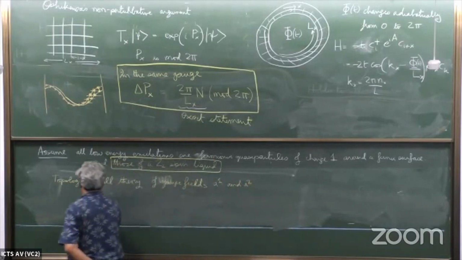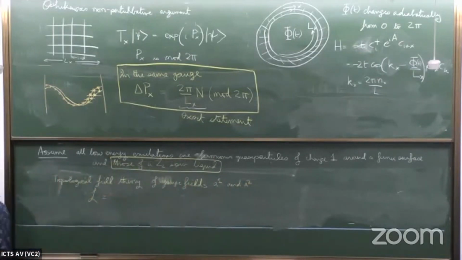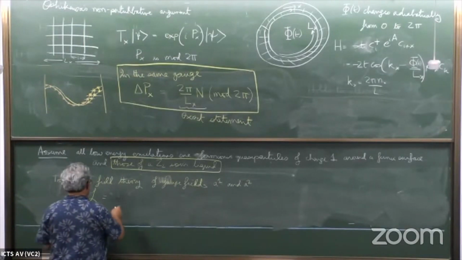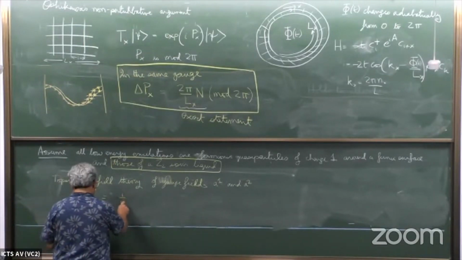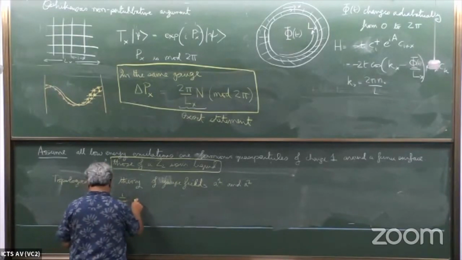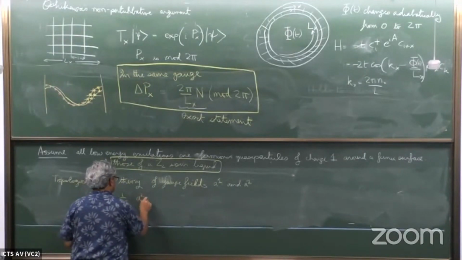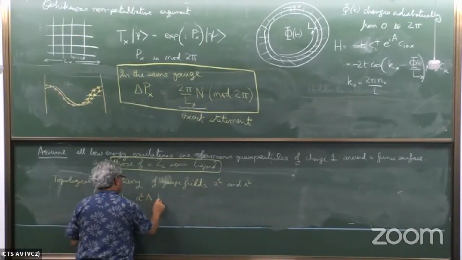And the Lagrangian is i over pi, A2 wedge dA1.